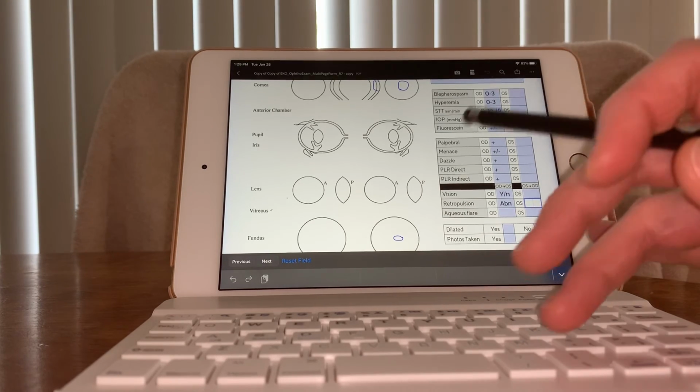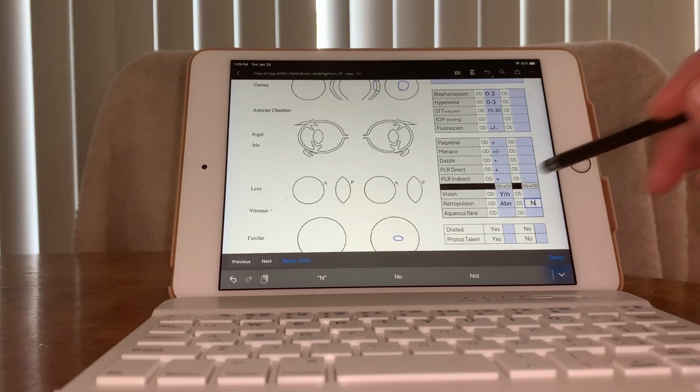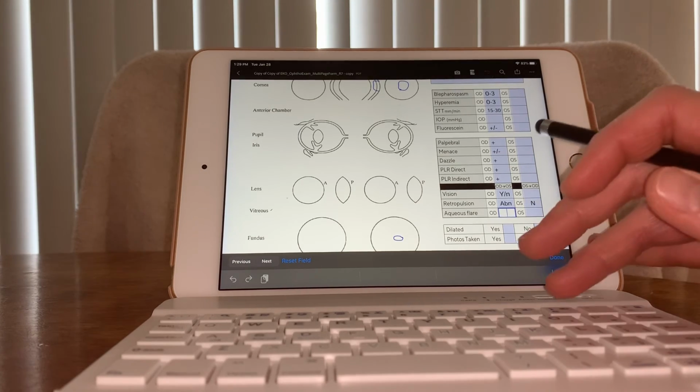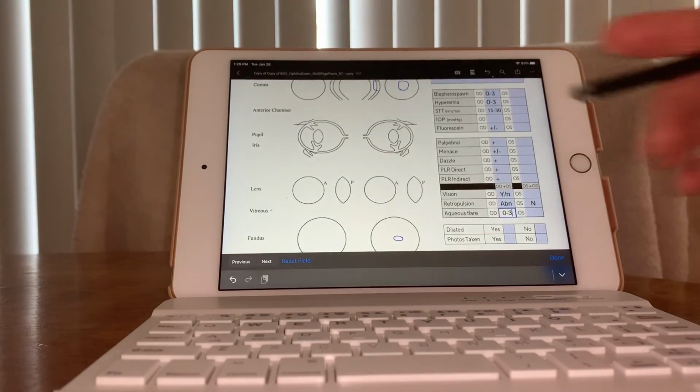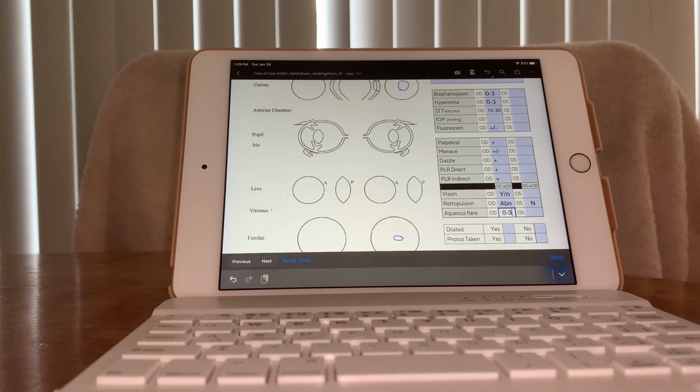However, if it is normal, then I would typically write normal. Aqueous flare again is graded as a 0 to 3, 0 being none, 3 being severe. So you've got hyphema, hypopyon, a lot of flare in the ones that are severe, and absolutely nothing in the ones that are a 0.